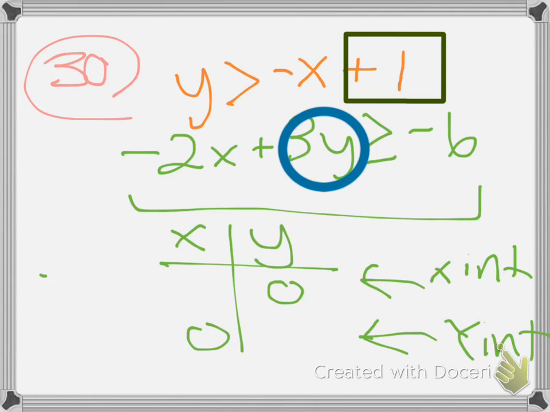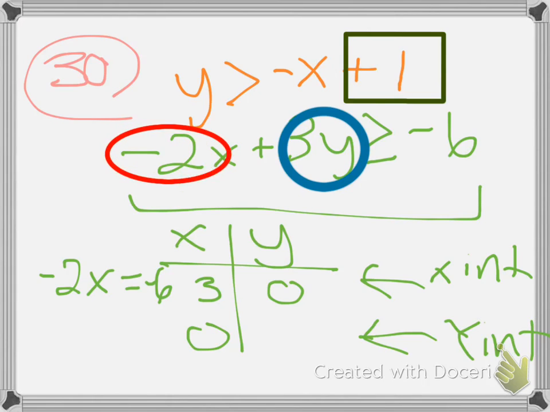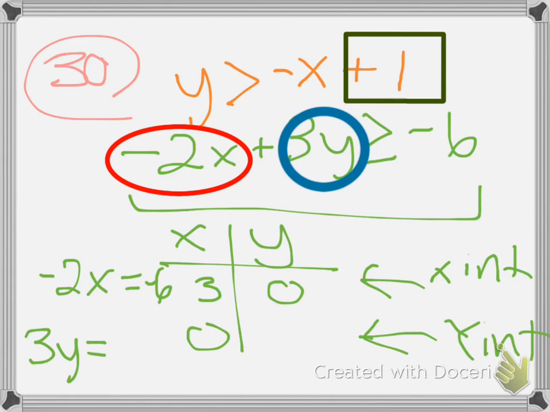So that leaves us with negative 2x is equal to negative 6. When you solve for x there, you get a positive 3. That's your x-intercept. When x is equal to 0, this whole term goes away in red. That leaves us with 3y is equal to negative 6, which would mean y is equal to negative 2.